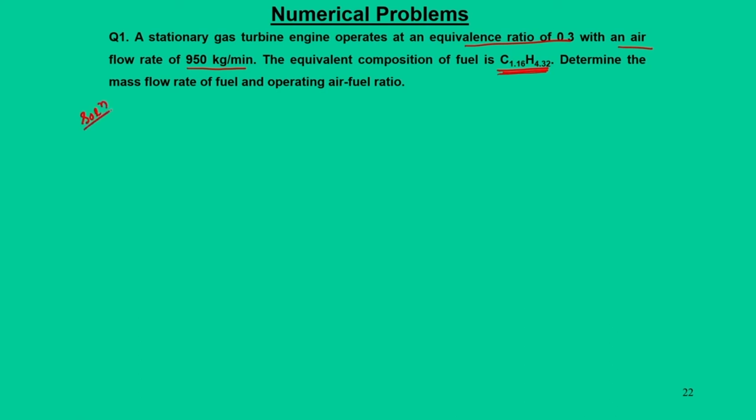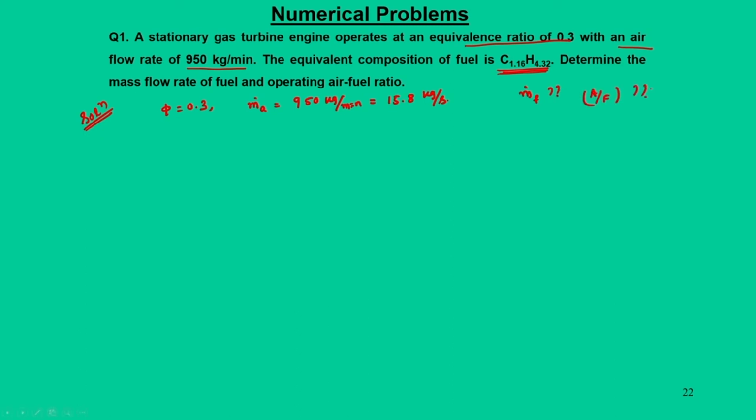To start the solution, phi is 0.3 and m dot A is 950 kg per minute, which can be calculated as 15.8 kg per second. And we need to find out m dot F and A by F, the air fuel ratio.